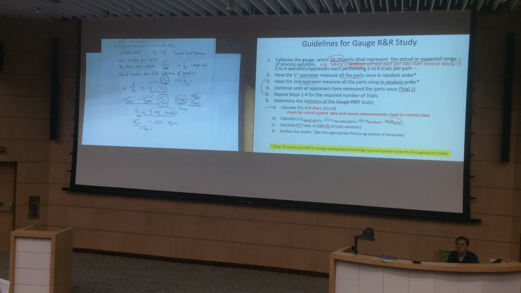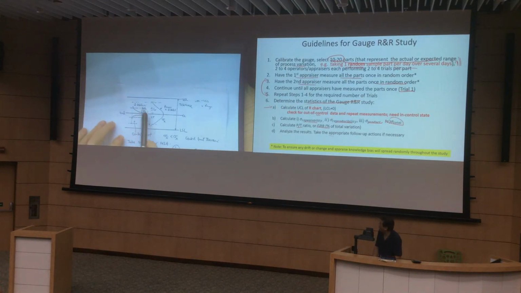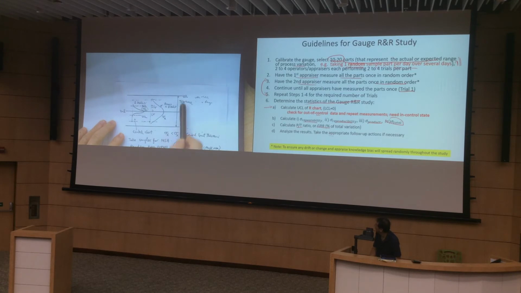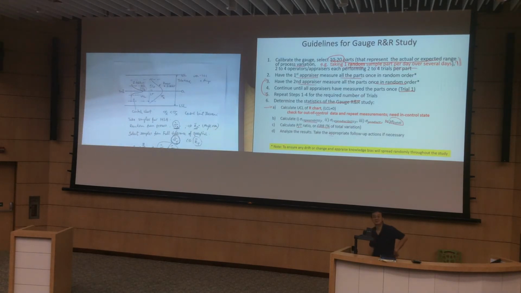You don't purposely select a minimum value, maximum value, and some value in between, and subsequently artificially inflate or deflate the gauge R and R value. Considering this relationship here, you want to get parts represented here instead of representing this part here to influence your value. Got it?